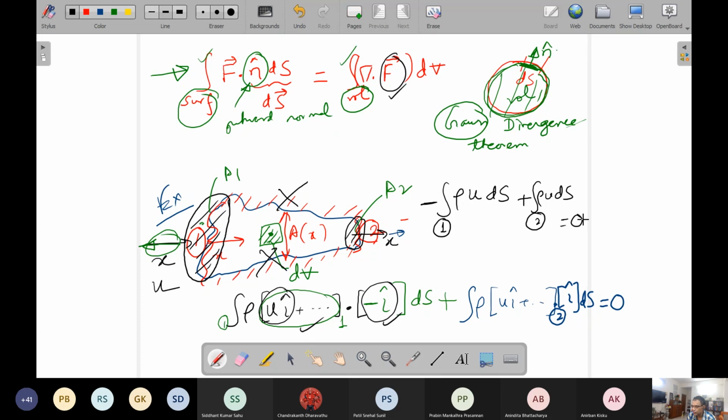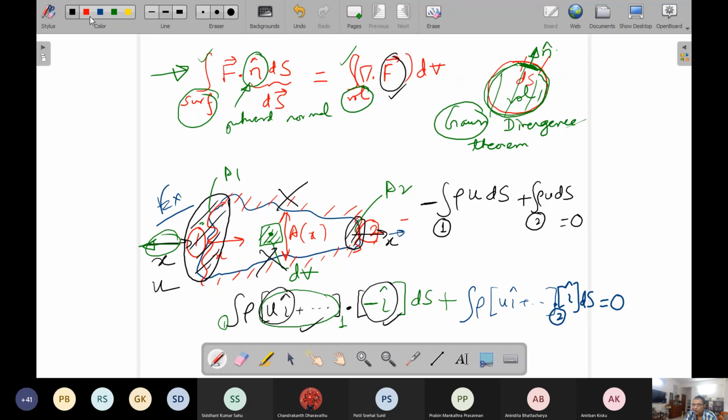The third assumption that we will make is that over those respective surfaces, the properties are uniform. That means the density may vary with x, but at a given x, that is for a section A1, the density is uniform over the section A1. So it doesn't mean constant density. It only means uniform locally over the surface.